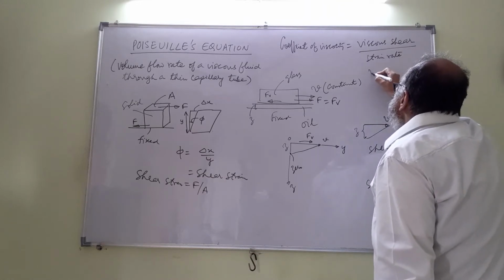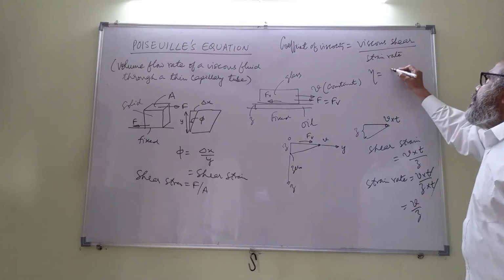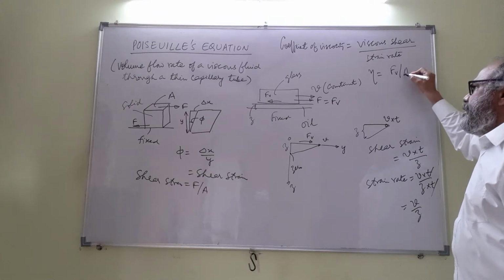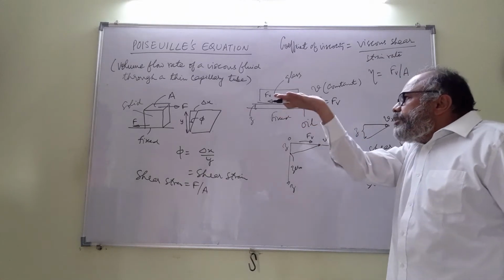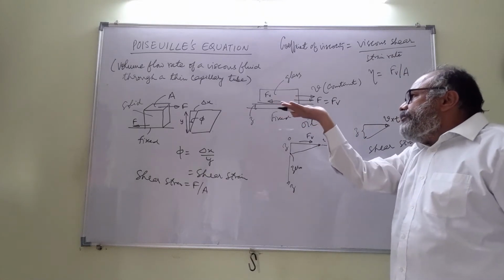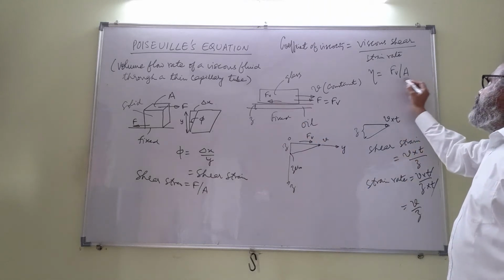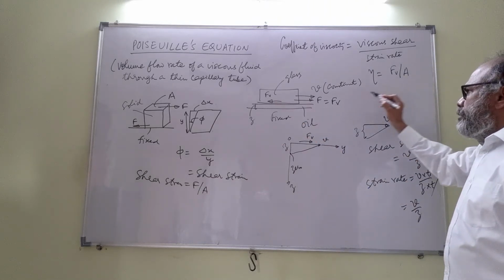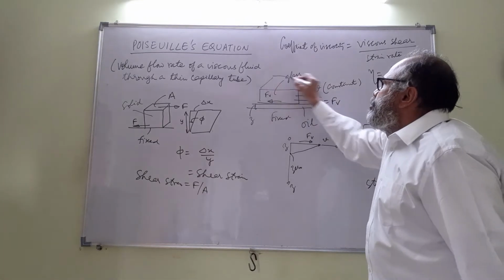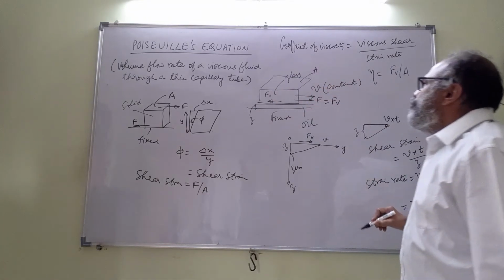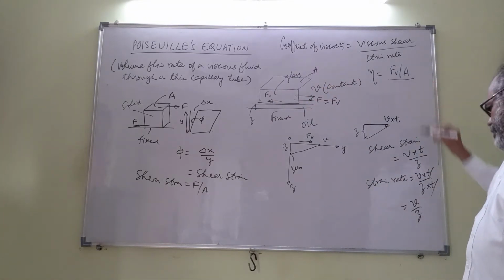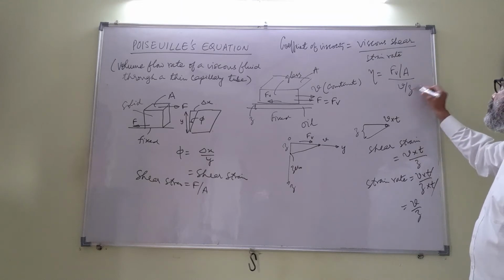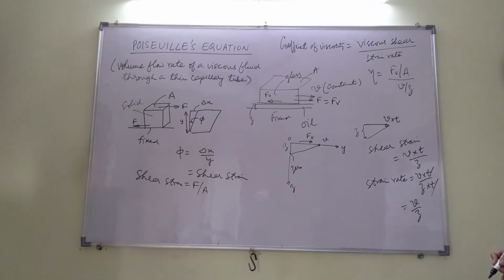The symbol used is eta. So this would be Fv by the area, where A is the area of the glass plate in contact with the oil, divided by the strain rate, which is V by Z. That is how we define the coefficient of viscosity.